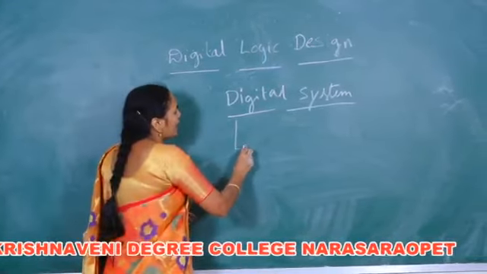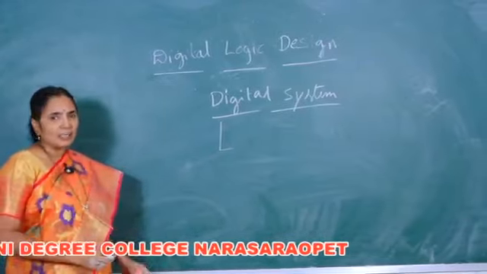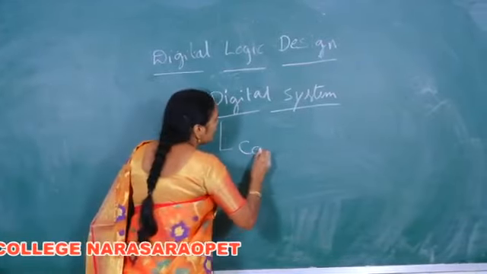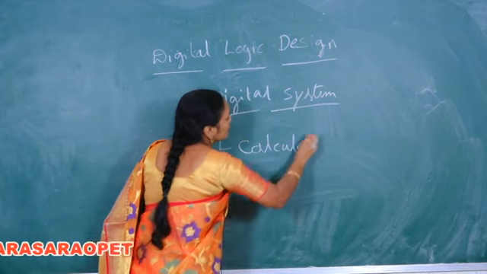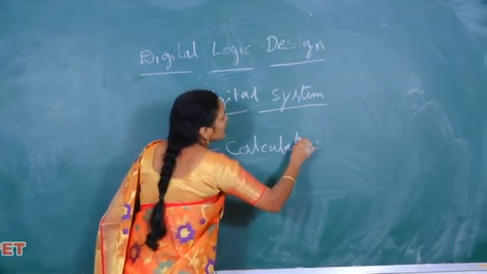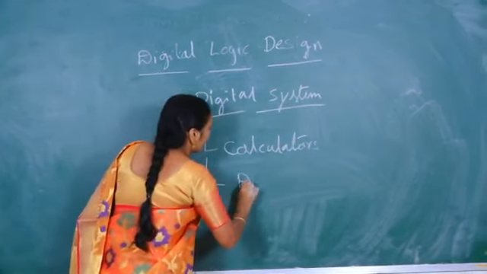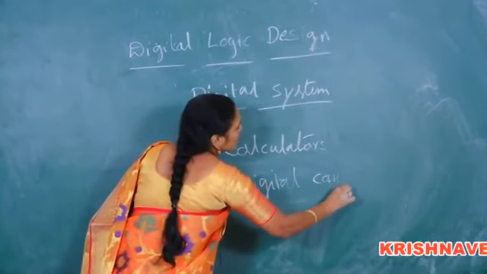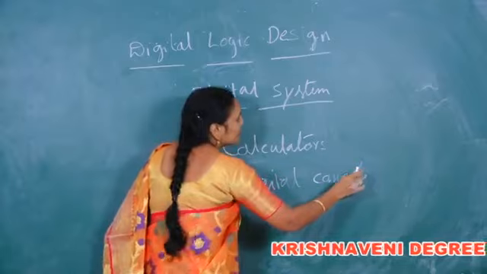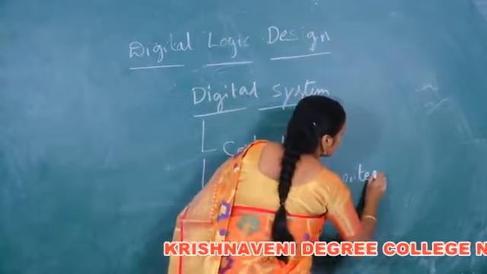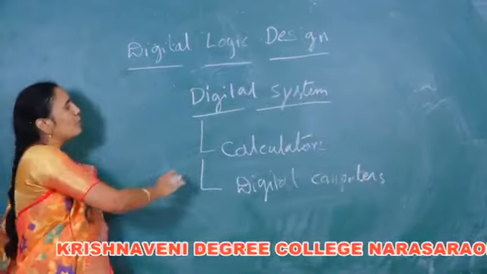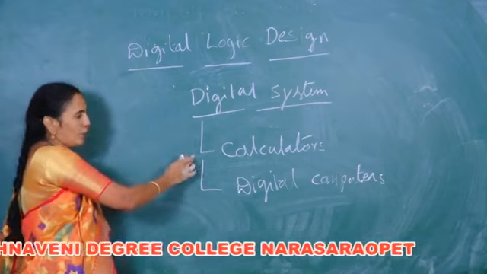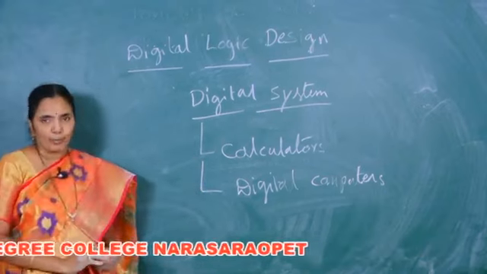The best examples of digital systems are calculators and digital computers.